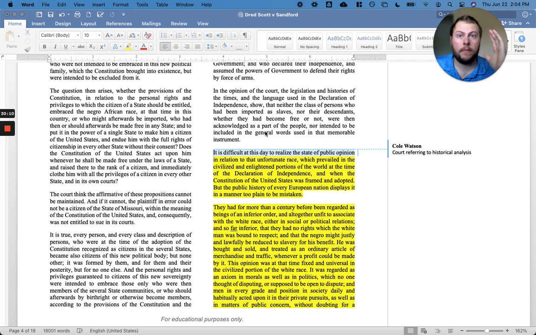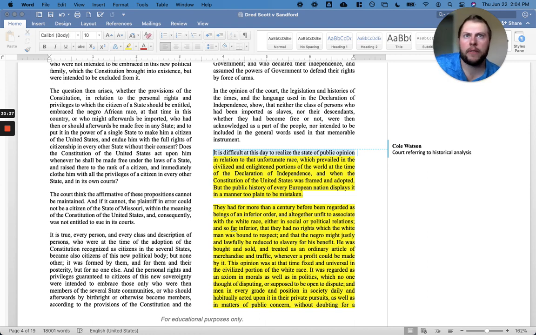They make the same argument here, except they get on the side of the equation where people that descended from Africa, African Americans or just non-European, really inferior race, whatever that may be, are not citizens. They were not intended to be citizens, and therefore they do not have standing to sue.